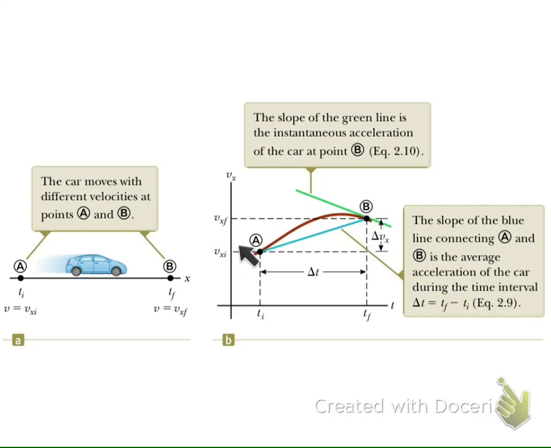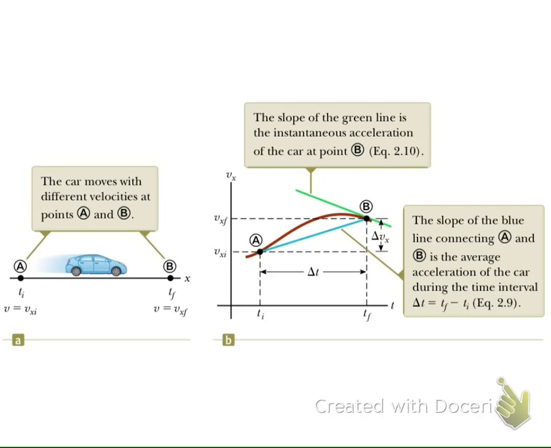If you want to calculate the average acceleration in the time interval Ti to Tf, it is the slope of the line joining points A and B. The slope is the average acceleration between the time interval delta t, which is equal to Tf minus Ti.